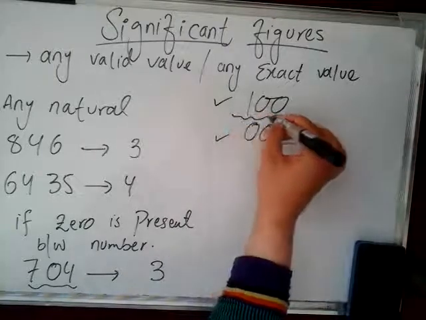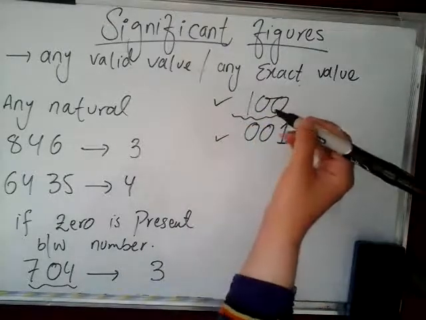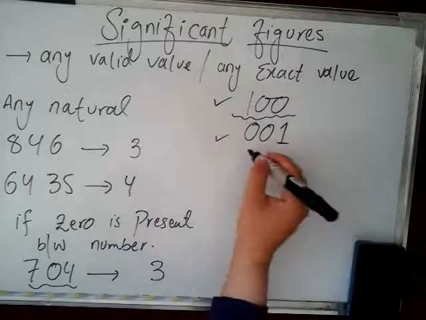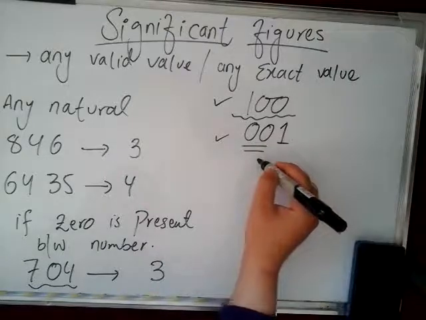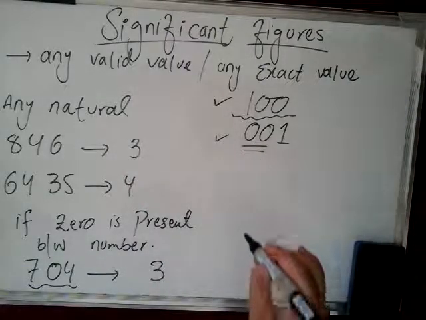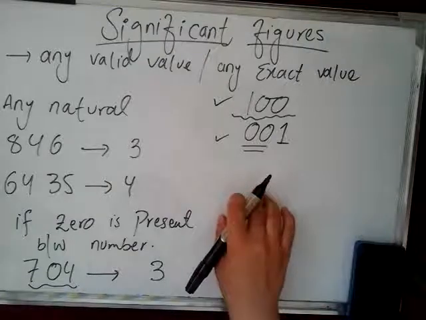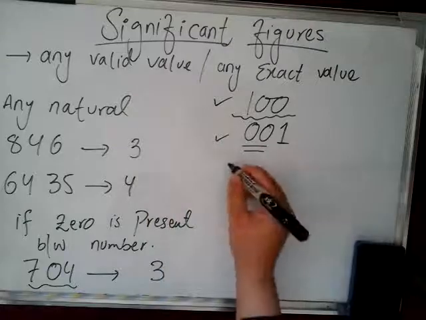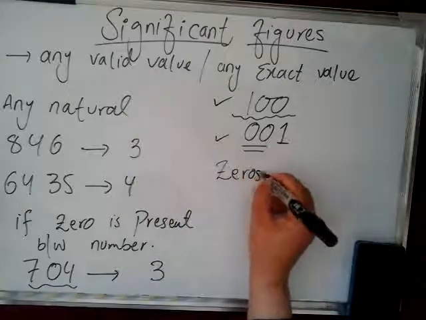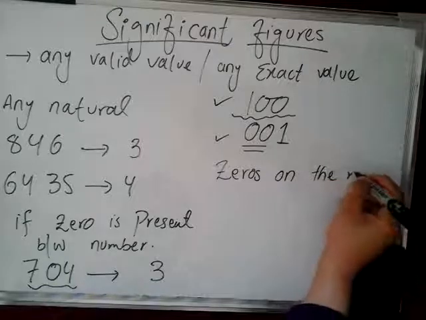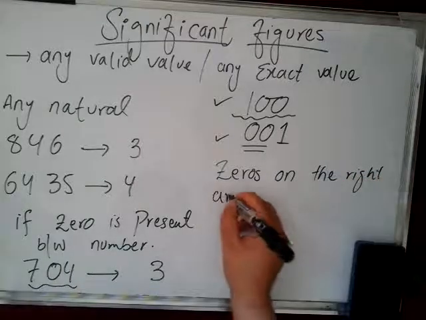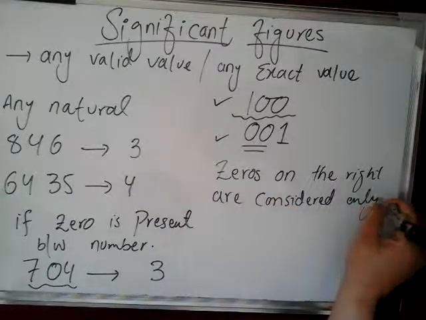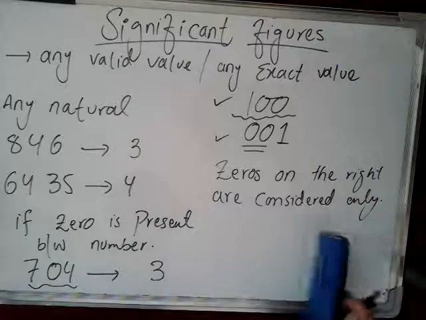This value has more weightage than 001. So in significant figures, we will only consider the zeros on the right side. Is that clear?